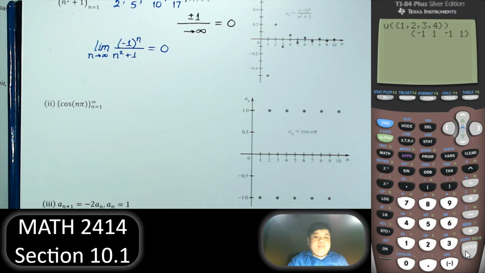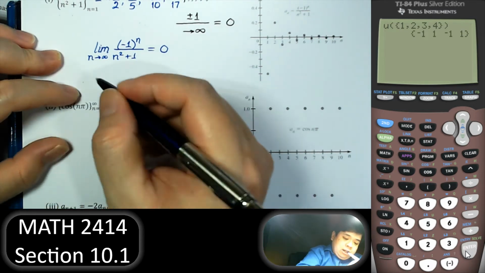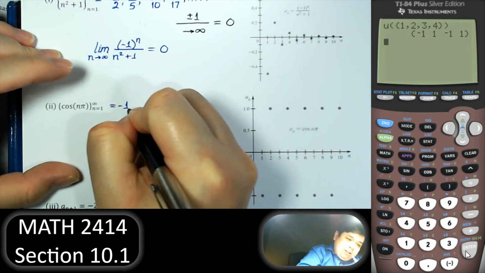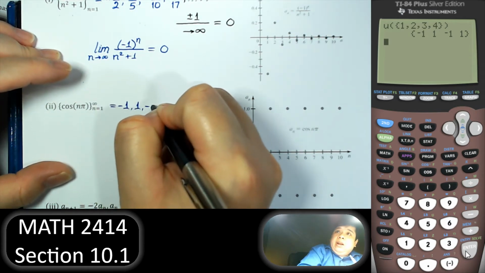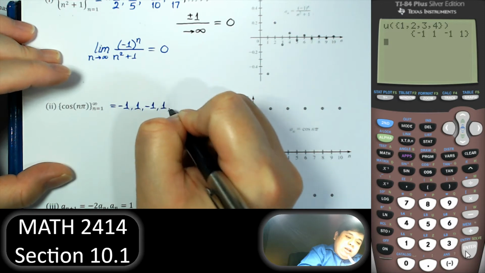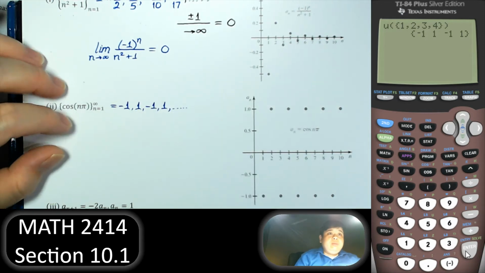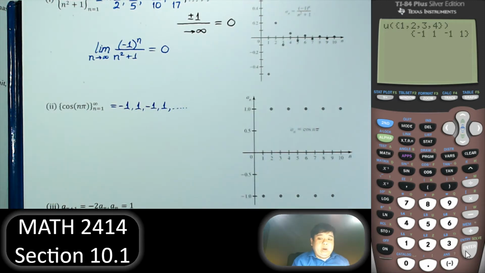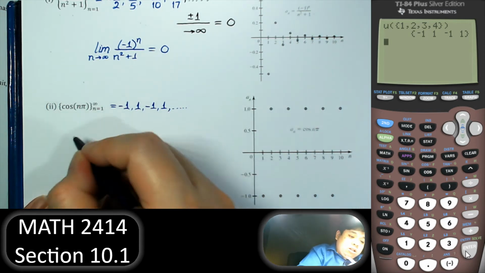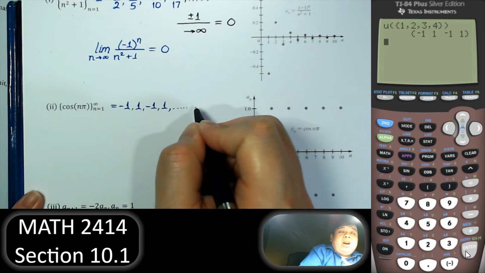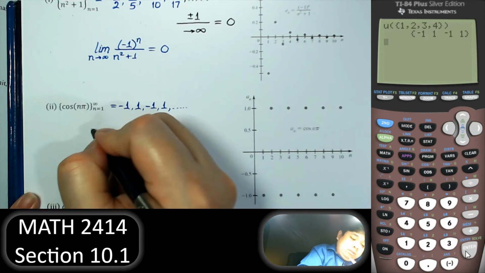And we evaluate. So that is negative 1, 1, negative 1, and 1. If this pattern continues, it's just alternating between negative 1 and 1. In that case, we say the limit does not exist because this pattern does not approach any number.